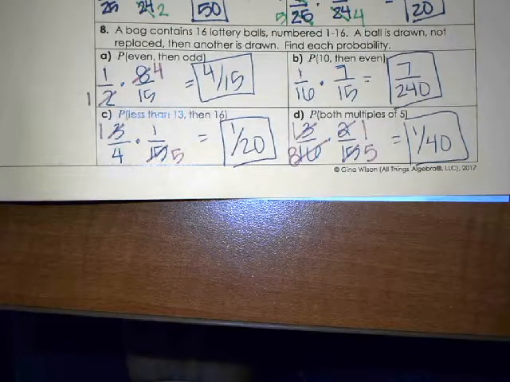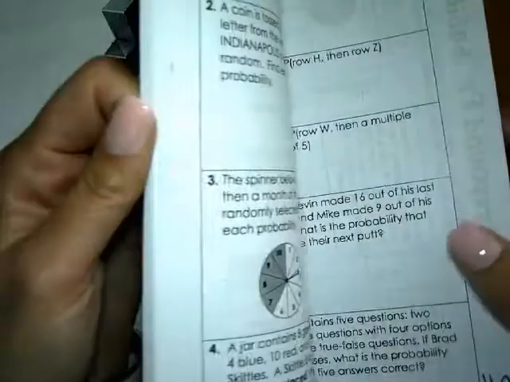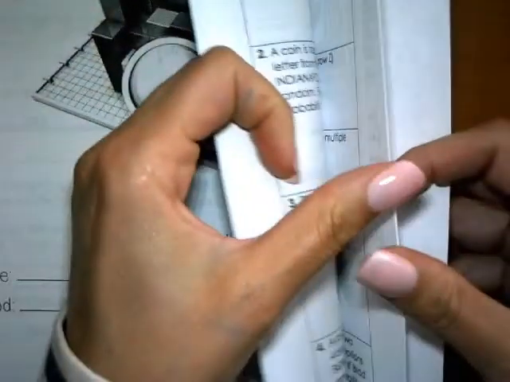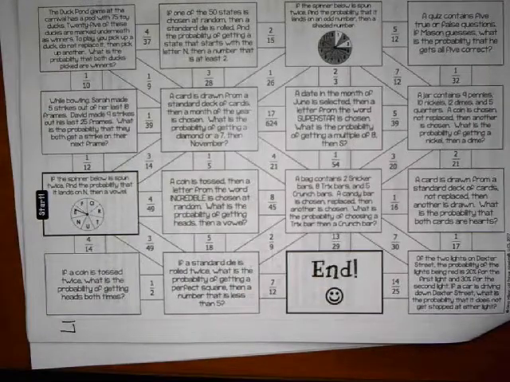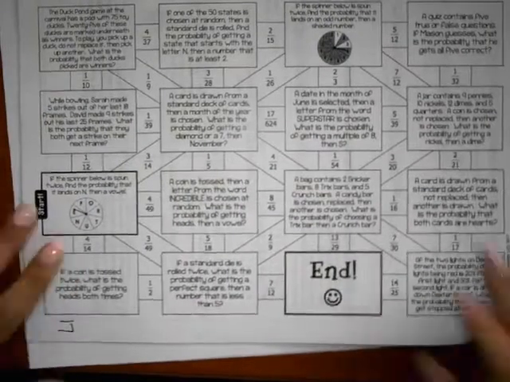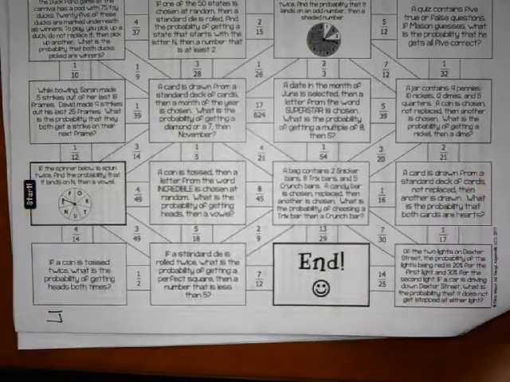Okay, let's go to our homework assignment because I want to explain it to you. Okay, so it looks like this. This is a maze, as you can tell. So everyone find the starting point.